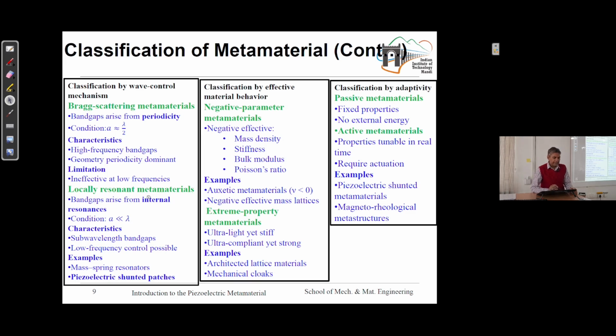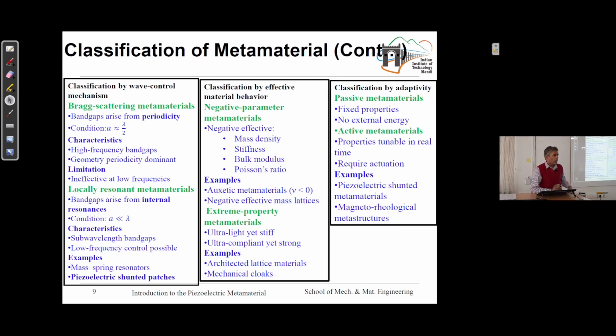Bragg scattering metamaterials arise because of periodicity in the metamaterial. You have already seen that meta atoms are arranged in a periodic fashion.